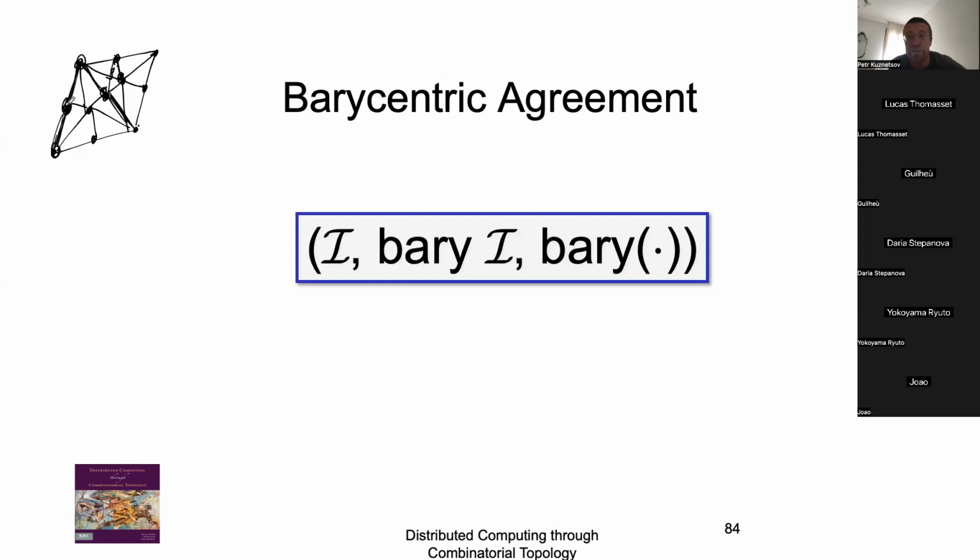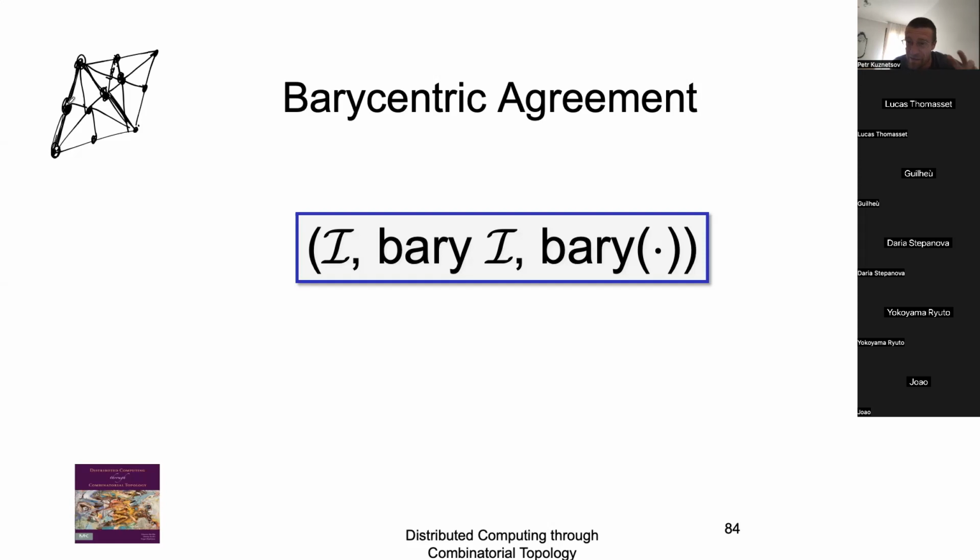Okay, are we together? What I described here is in fact the protocol complex of this colorless computational model. And the protocol complex by construction solves barycentric agreement on whatever you offer.